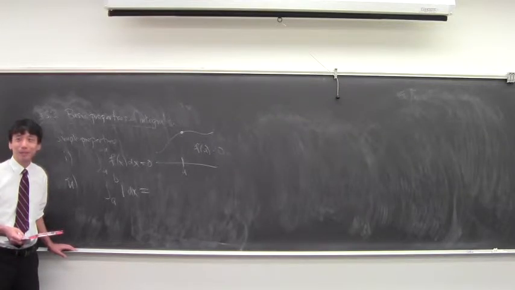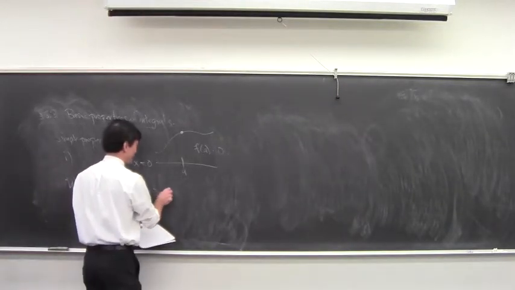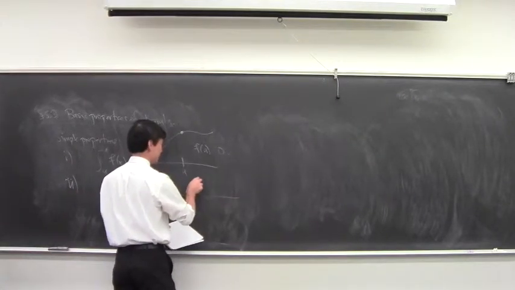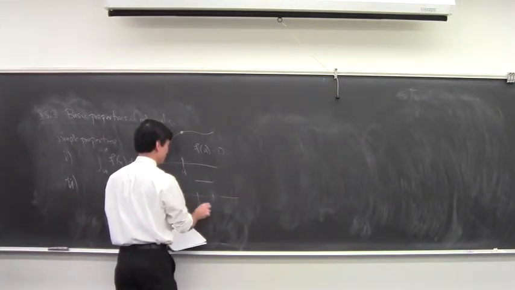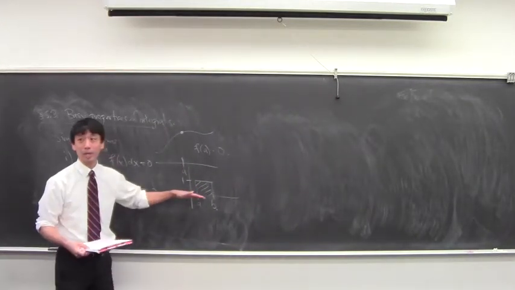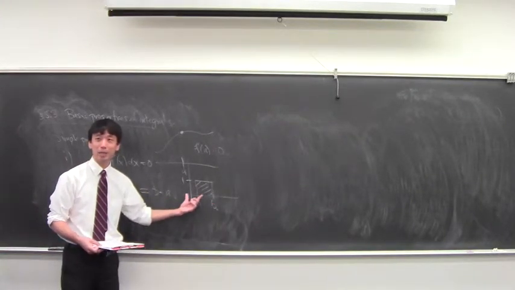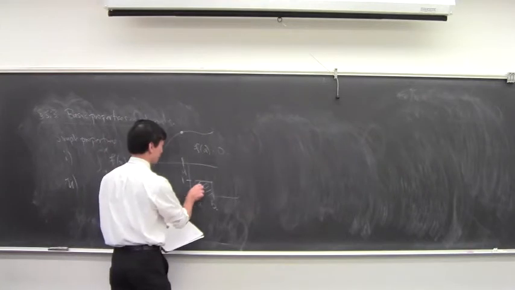Kayla? Is it b minus a? B minus a, right? You can see it in two ways, right? You could say, well, look, this is the function of height 1 over [a, b]. Well, the area is just going to be 1 times this length, which is b minus a, right? The area here is b minus a.